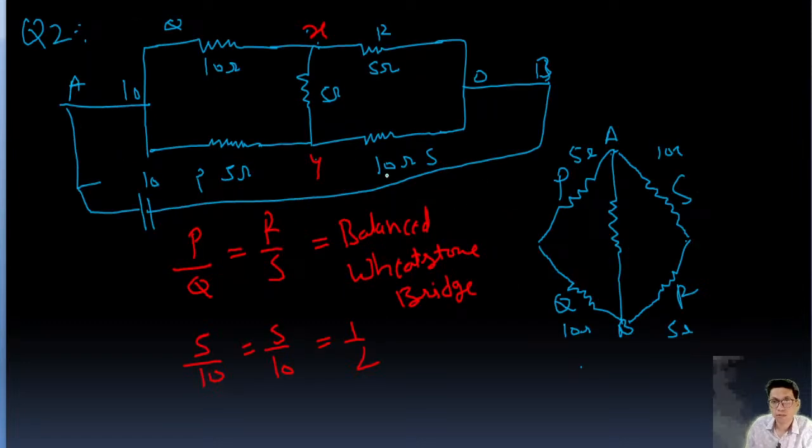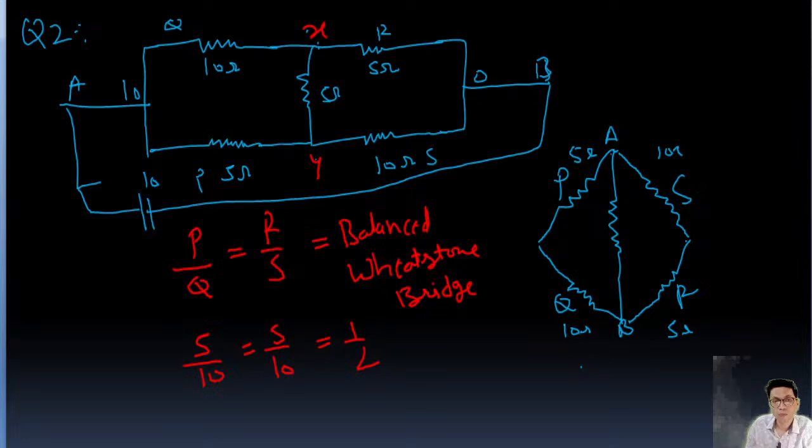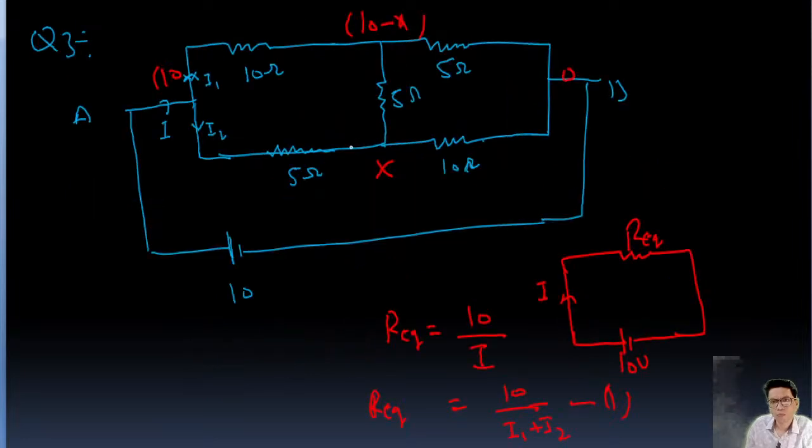This is 5, X minus 10 upon 5, and this is I2.